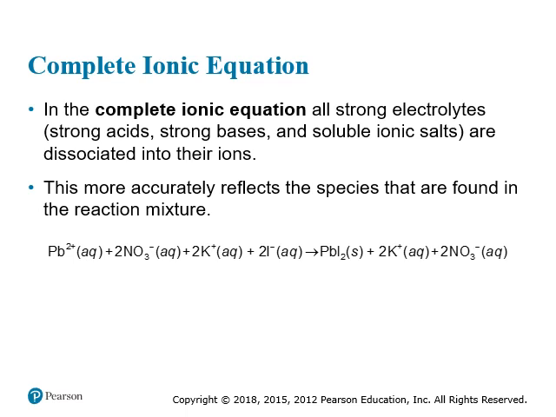But in the complete ionic equation, we more accurately see a reflection of what is actually in the reaction mixture. To say that you've got a solution of sodium chloride is one thing, but a more accurate representation would be that you have a solution of sodium cations and chloride anions.